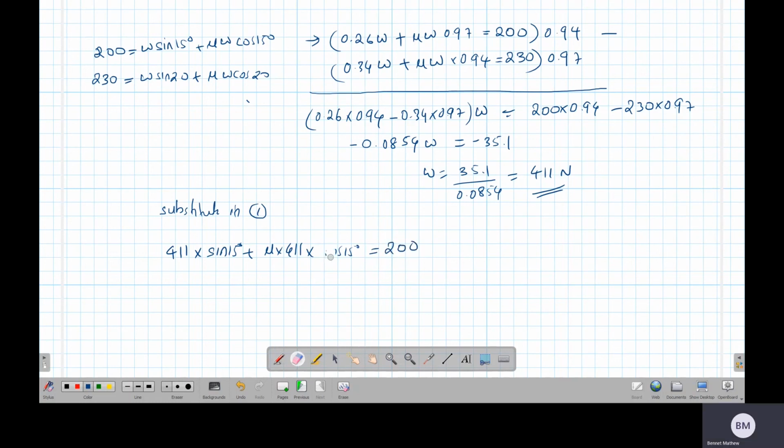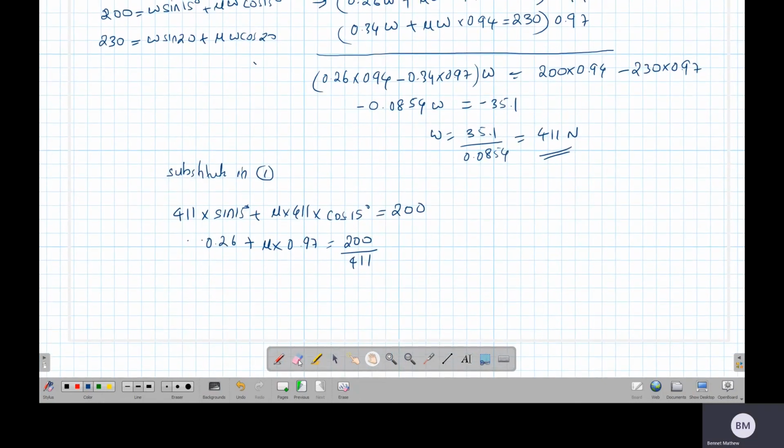Okay, so this is cos 15. So what is the value? I can take 411 common. What is the value of sin 15? Sin 15 is 0.26, plus mu times cos 15, which is 0.97, is equal to 200 by 411. How did this come? I took this 411 common and moved it to the other side. 200 divided by 411 is equal to 0.486.